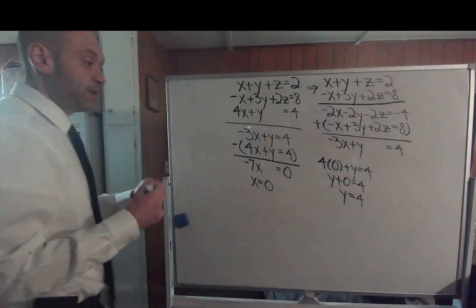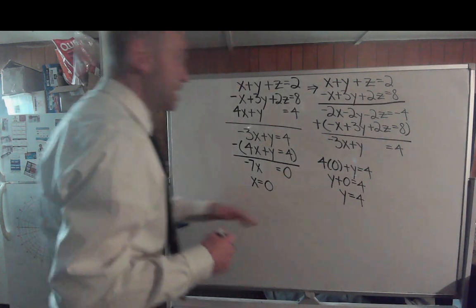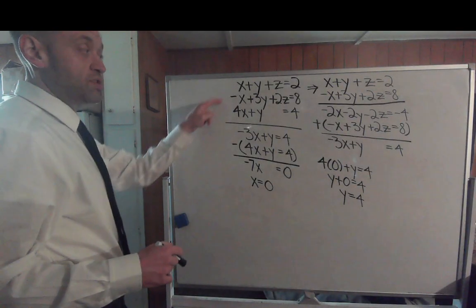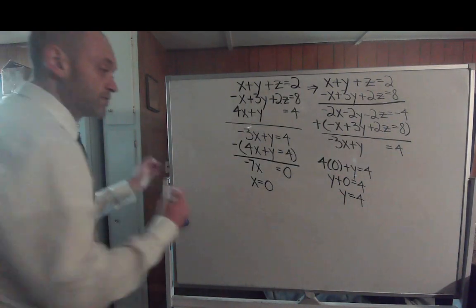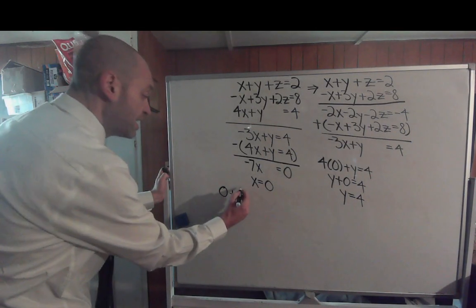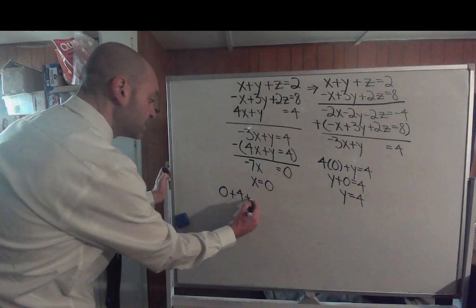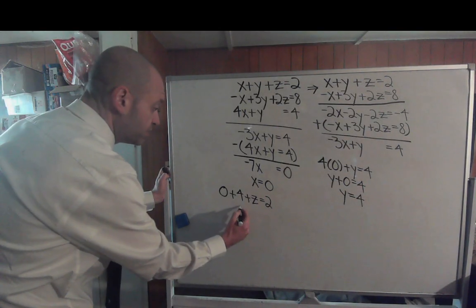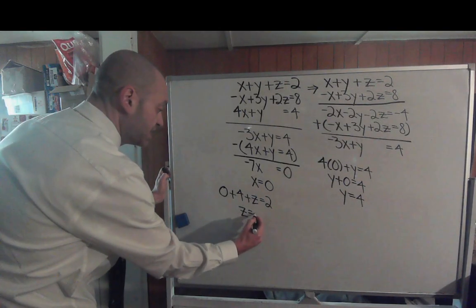Alright, so now we have found both x and y. Just take those values, substitute them into one of these equations, and solve for z. I'm going to vote for the top one. So x is 0, plus our y value of 4, plus z equals 2. Well, you would just get z equals negative 2.